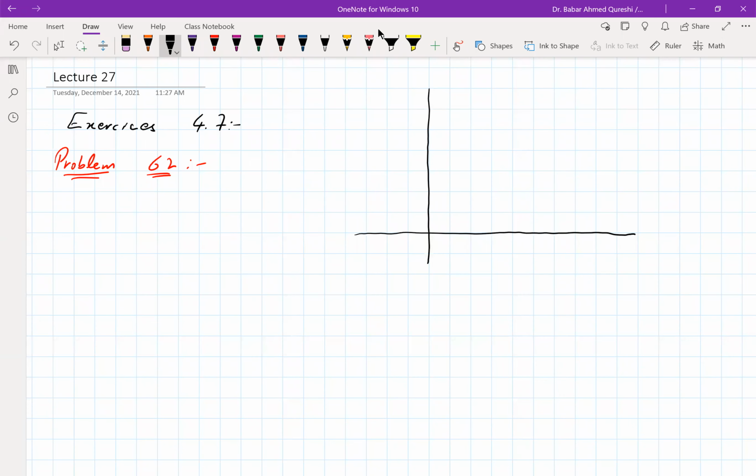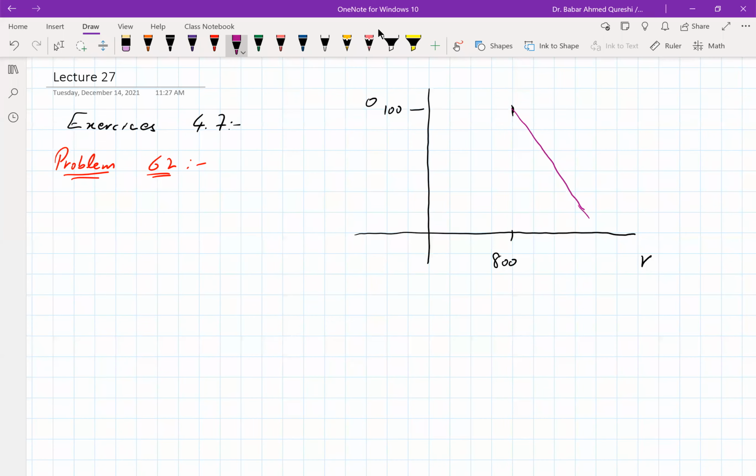If I plot rent here, which I'm calling R, and the occupancy, call that O, then at $800 rent, your occupancy is 100. And then it falls. If you increase the rent, it falls linearly, something like that.